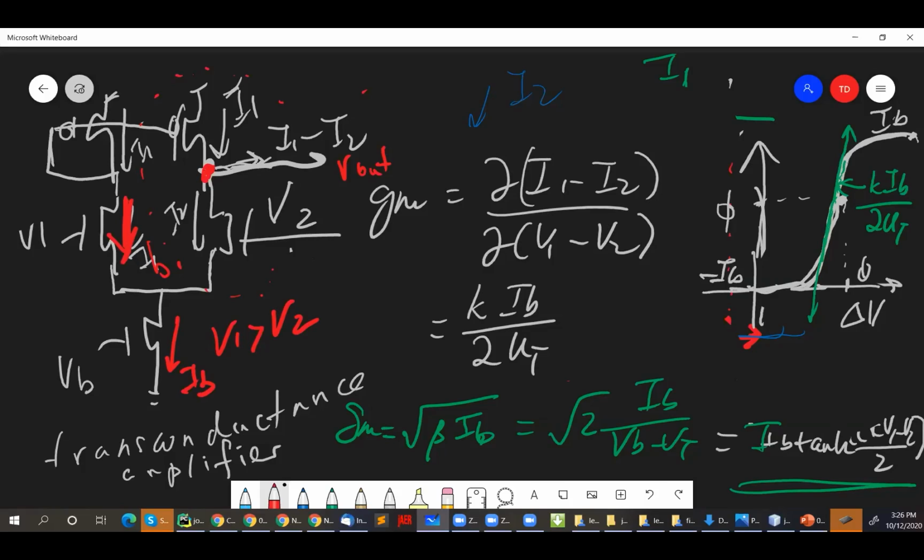Then this would be IB, which means you're going to have some gate voltage that would give you IB on this side. But because this current now is very tiny, what do you think is going to happen to V out? So you have a net current that's close to IB, so I1 minus I2 is close to IB.